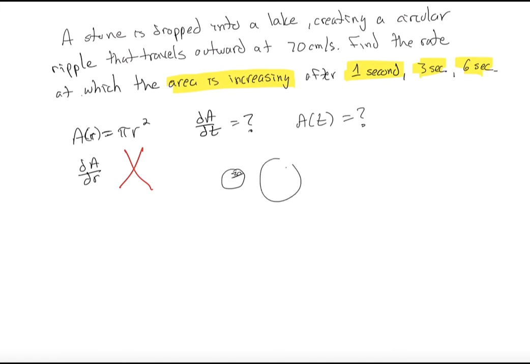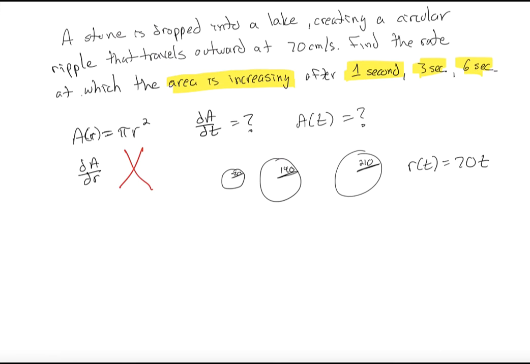After 2 seconds, it's grown to 140 because 70 centimeters every second. And then after 3 seconds, it's grown another 70 centimeters. So we know that the radius is increasing 70 centimeters for every second. So every second of increase, we get 70 more centimeters added onto our radius.